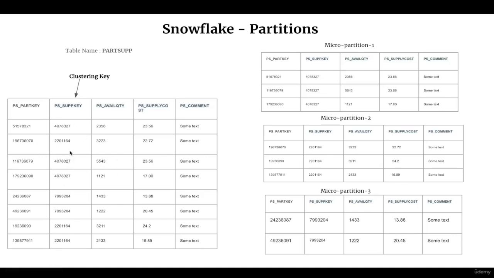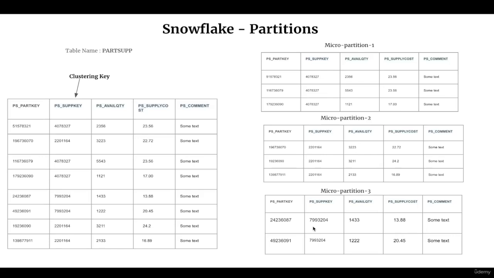Since this sample has three distinct values, Snowflake is going to create three micro-partitions, and each micro-partition holds one supplier key. The first micro-partition has the one that starts with 407, the second the one that starts with 220, and the third is the 7991.